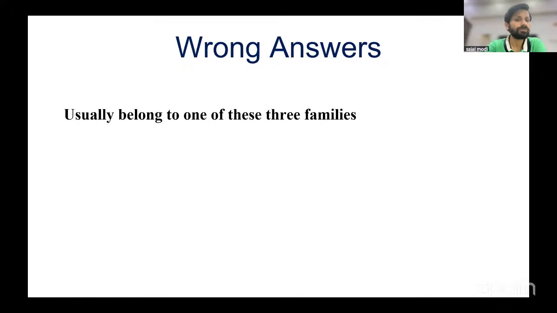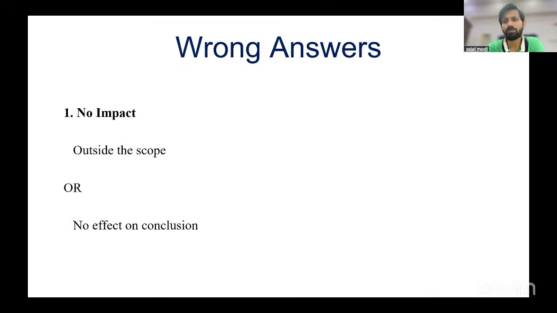Usually they belong to three categories. First up is something which has no impact on the argument. These options could be discussing something that's not really discussed in the argument. They may be outside the scope of the argument, or completely irrelevant to the author's conclusion, right? So it becomes important to fix the conclusion first.